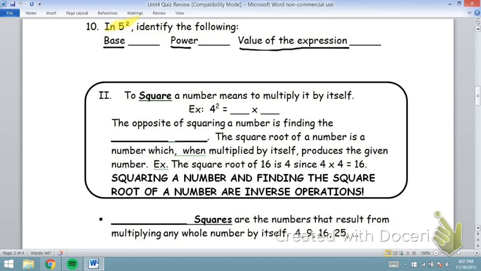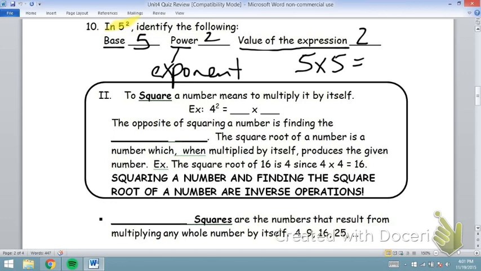So in this one, and in any exponent, the base is the bigger number. And in this case, it's 5. And the power is the same thing as the exponent, which in this case is 2. And if you found the value of that, the same as saying 5 times 5, you get 25.